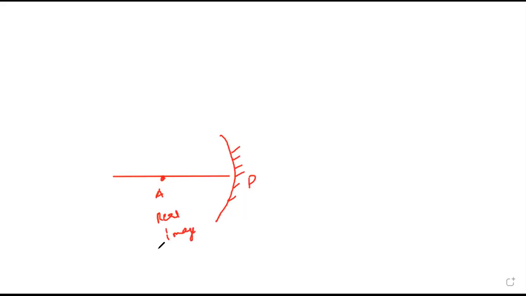When he shifts his eye towards the left, then the image appears to be on the right of the pin. So if he shifts his eye towards the left, the image comes on the right. This is what they are telling.